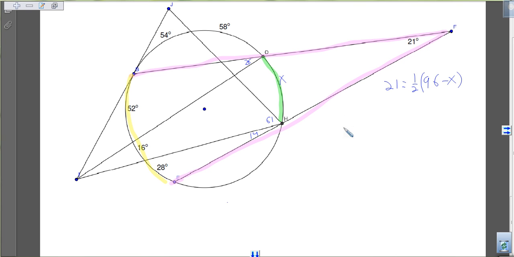And we go through and solve. So multiplying by 2, 42 is equal to 96 minus x. Negative x is equal to negative 54. So x, of course, is equal to just 54.